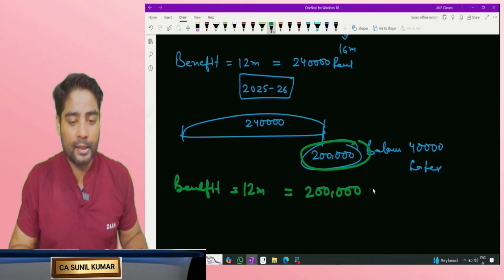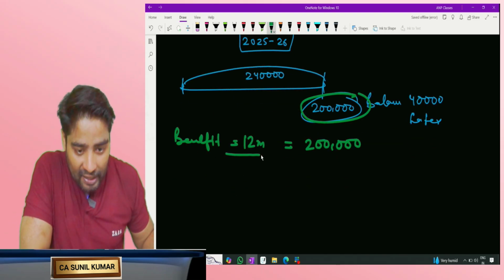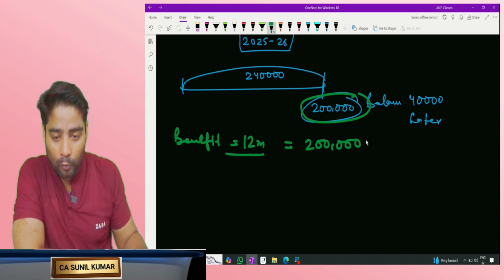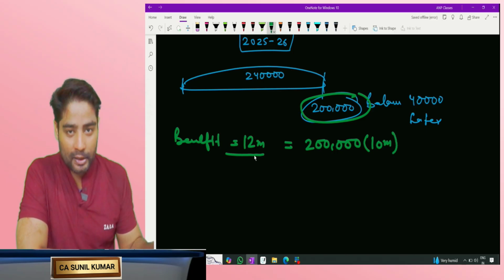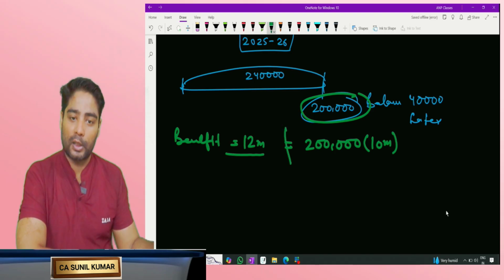So now let us equate this. The benefit I have taken is for 12 months, but the expense I have paid, the outflow, is for 10 months. Is this balancing or not? Is this equation equal or not? No, sir. This equation is not equal.